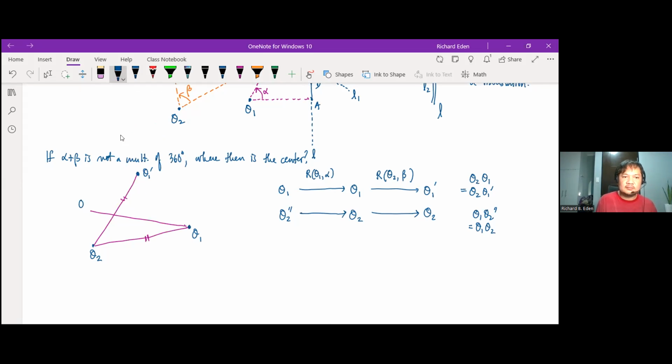O2 double prime. So again, nangyari, O2 double prime, after the two rotations, ito nung pinuntahan O2. And O1, after the two rotations, dito siya nagpunta. Now, what we're looking for is the center of rotation.